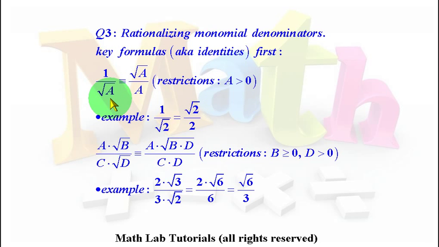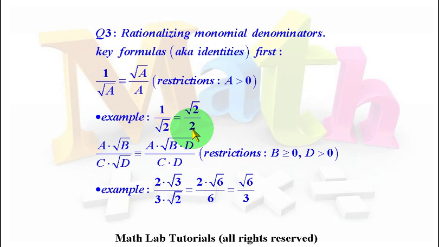Here's a simple example. 1 over root 2 occurs very often in trigonometry, and you can either write it as 1 over root 2, or you remove the radical, put the radical up top, and put a 2 on the bottom.